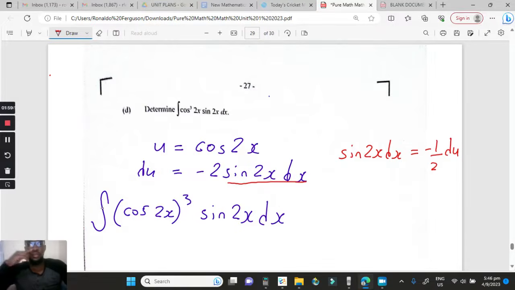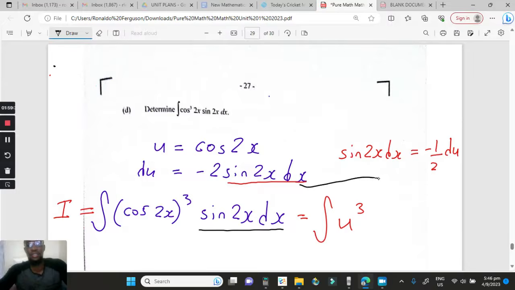So now we can substitute it. So this integral, I like to call my integrals I. Cos 2x, where that is, you put u. Remember what we said earlier, it's u. And then where we see the sine 2x dx, that part we just worked out to be negative half du. So we can put that now as negative half du.